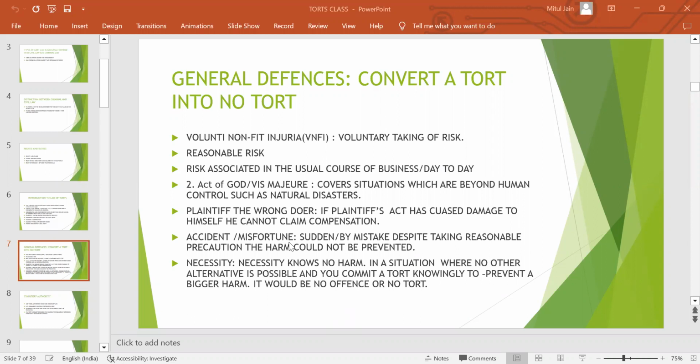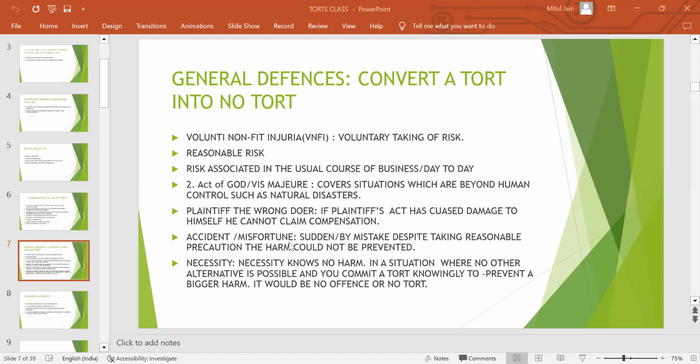A forest fire can be considered as an act of God if it goes beyond such proportion that it becomes uncontrollable by humans. For example, if you remember, perhaps a year or 2 years ago, there was a huge forest fire in Australia, which continued for several days. Those are the cases which can be covered under act of God in the case of forest fire.